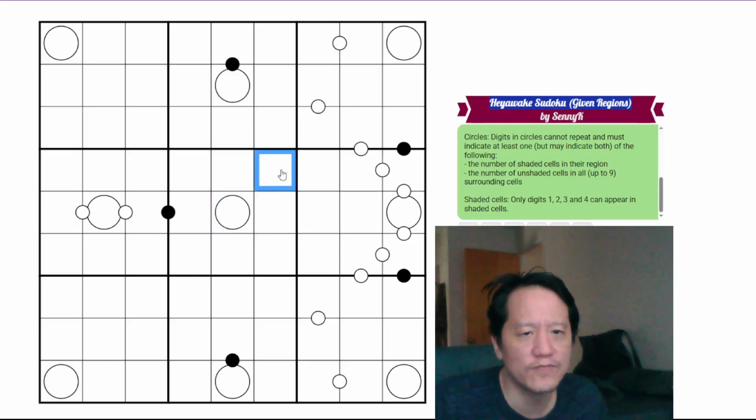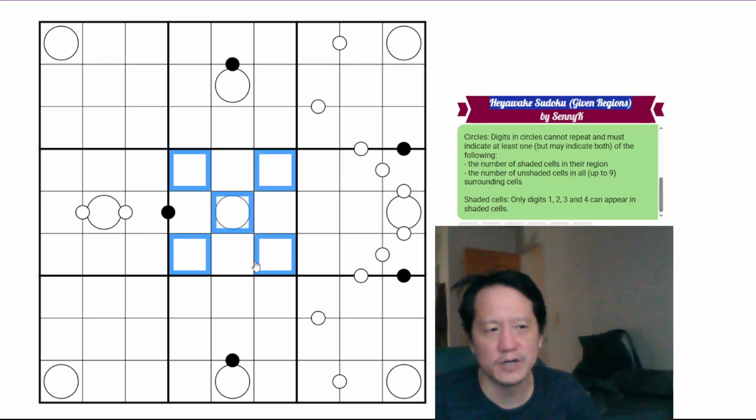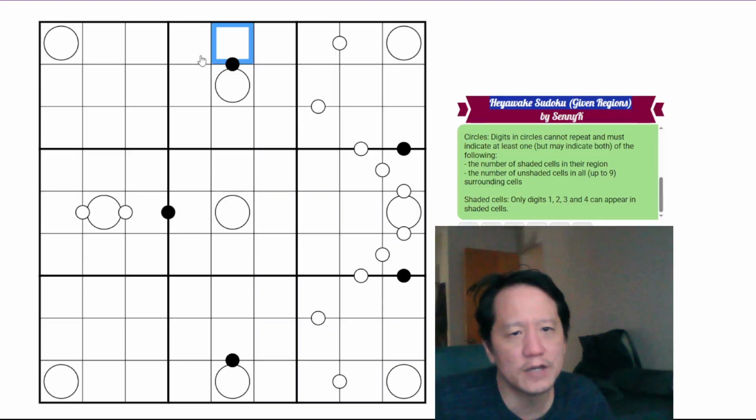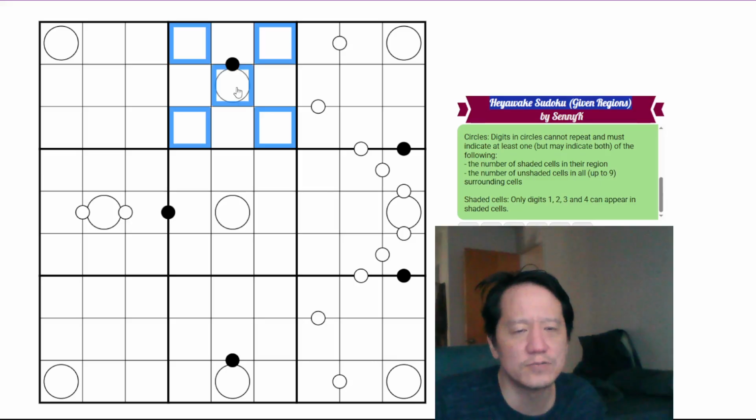That only works, though, in the center box. In boxes like here, if you close off this center one, this cell is not orthogonally connected to the rest of the unshaded cells.